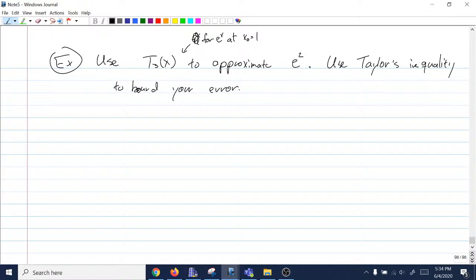e to the x is the function that we know what the Taylor polynomial is right off the top of our head. T3 of x, we've written this out a few times, is going to be 1 plus x plus half x squared plus 1 more, 1/6 x cubed. Allegedly this is pretty close to e to the x, although if you go all the way out to x equals 2, maybe that's not so great.